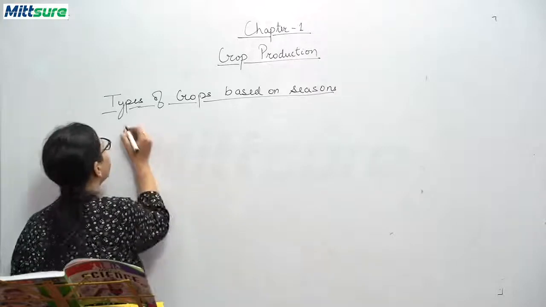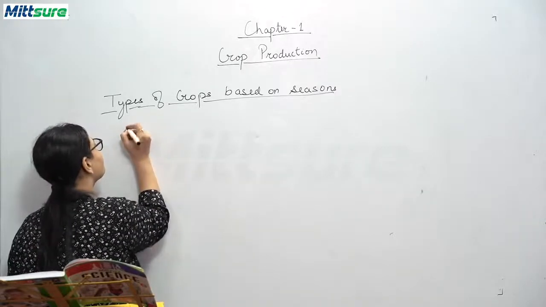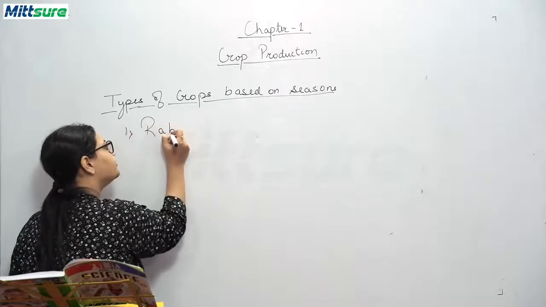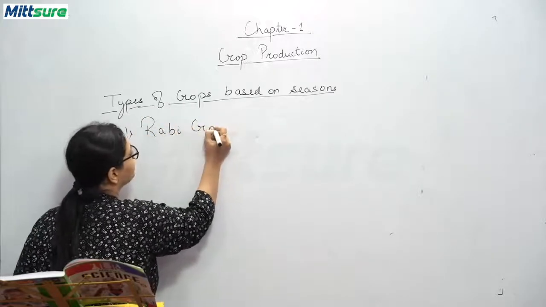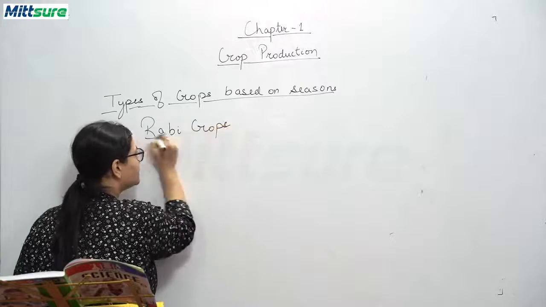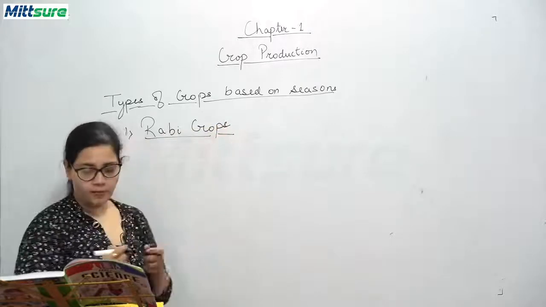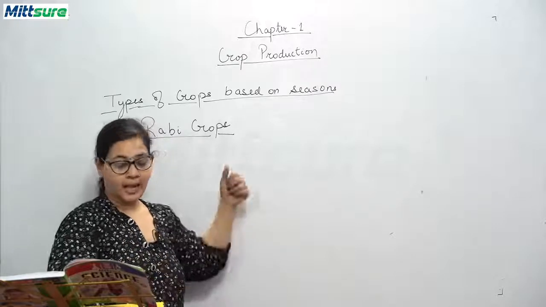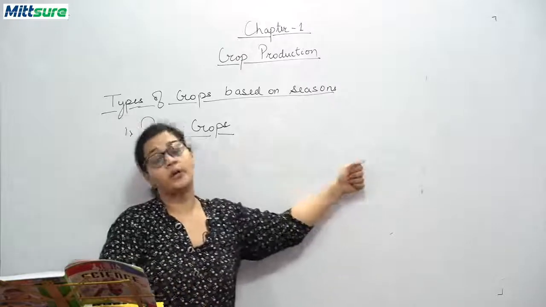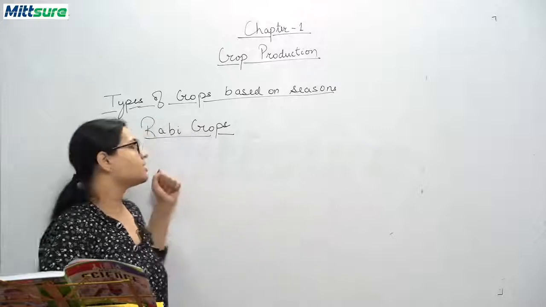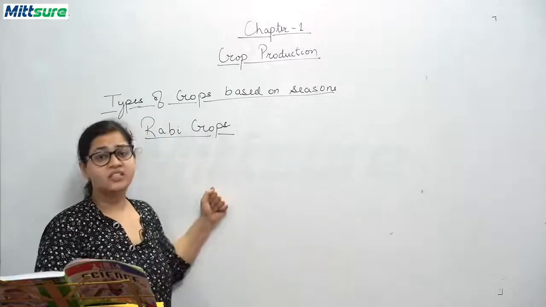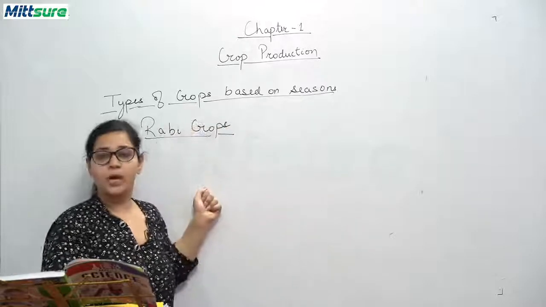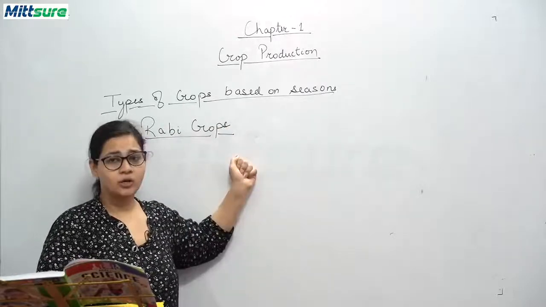First is Rabi crop. What are Rabi crops? The crops which are sown in November and harvested in April are called Rabi crops.